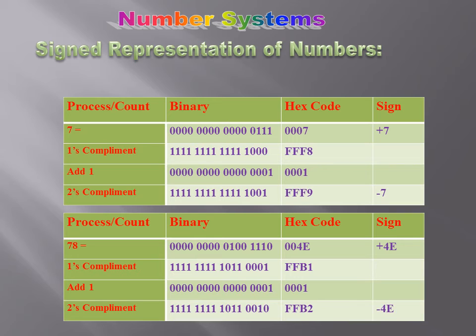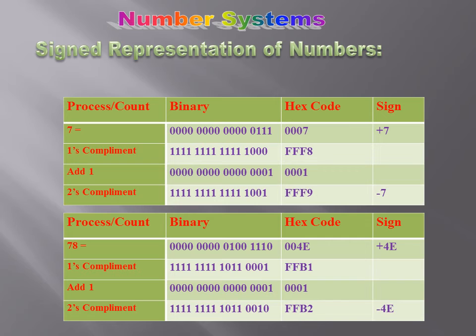So again we'll see what the signed representations of numbers are. Suppose I have the number 7, so it will be represented as a number 0000 in binary, separated as hexadecimal. Then the hex code will be 007. Because of the last bit being 0, it represents plus 7.